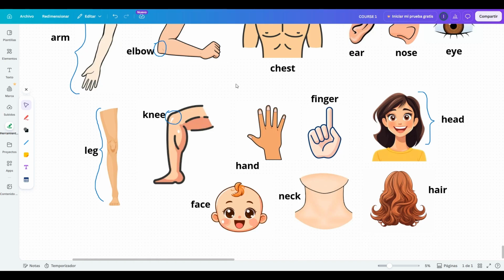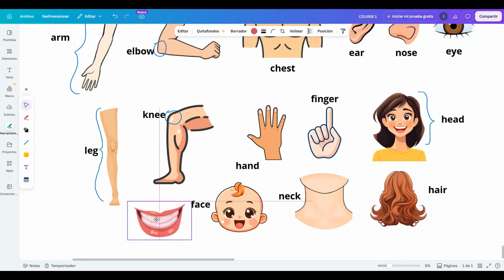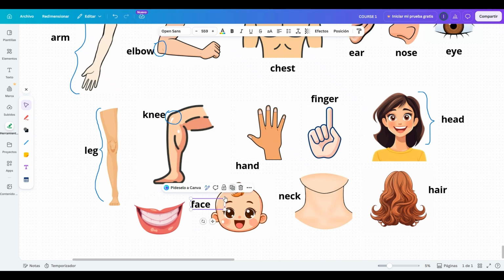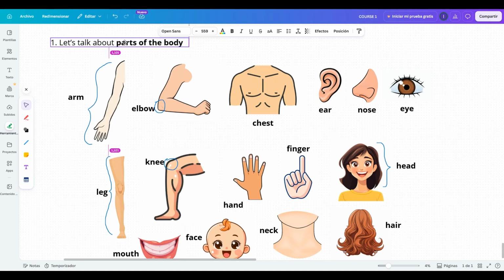We finished this vocabulary. One more, please. We need one more. This is a mouth, right? Mouth. All right. Pay attention. Vocabulary: parts of the body.